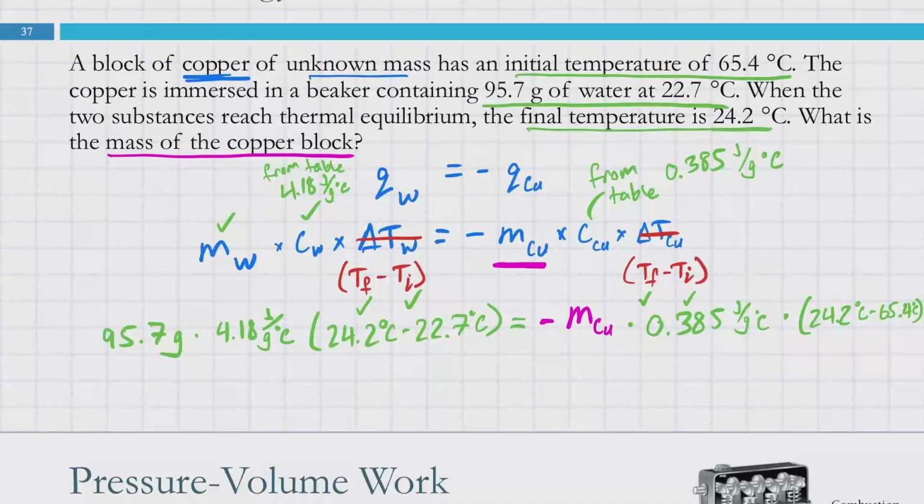The left side boils down to 600.039. Our units of grams will cancel, our units of degrees Celsius cancel. The ones inside the parentheses don't cancel; they cancel when we multiply with our c value. So this has units of joules.